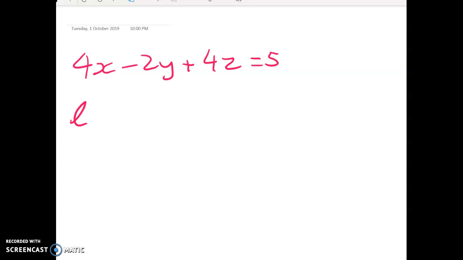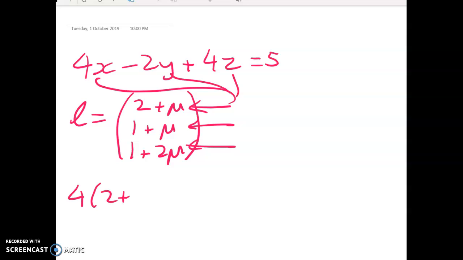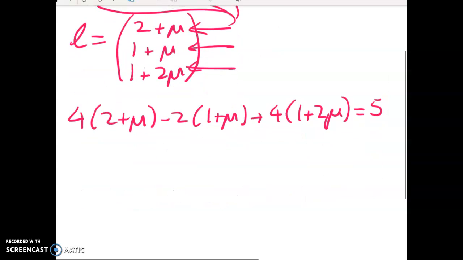And line L has the following position vector for any point on line L. It's this. Okay, so we want to find where the plane intersects the line. Well, it's pretty simple. We take each of these and we substitute them into the x, y, and z. So we're looking for the value of mu where the line and the plane will meet.